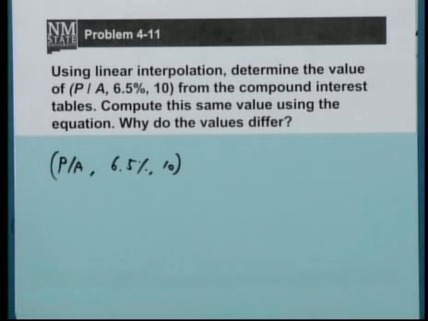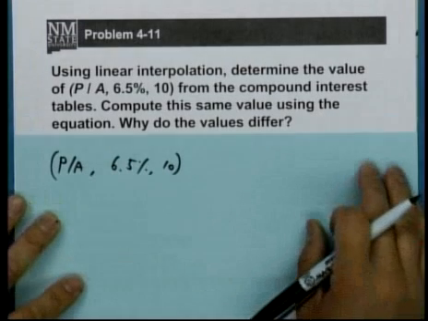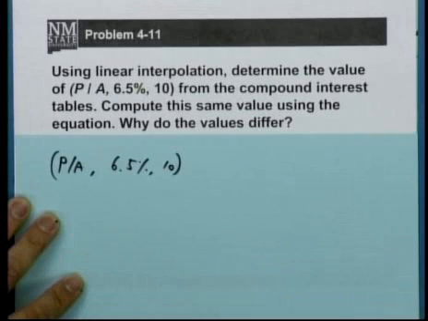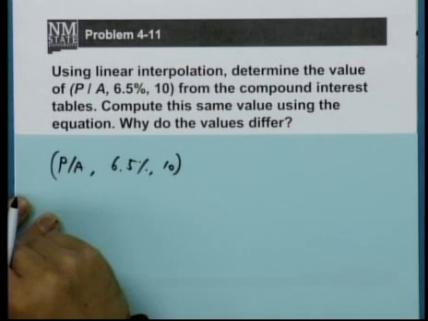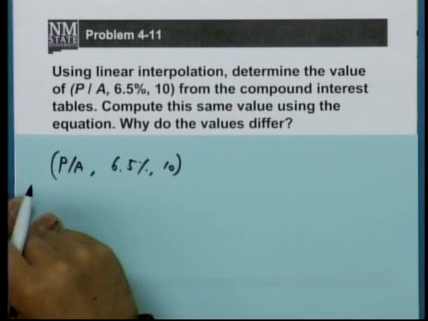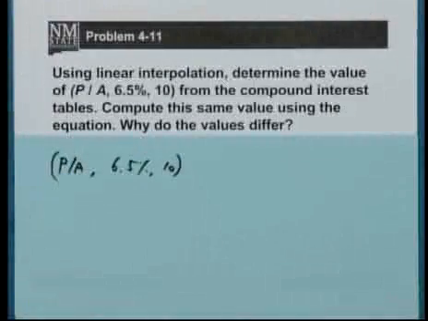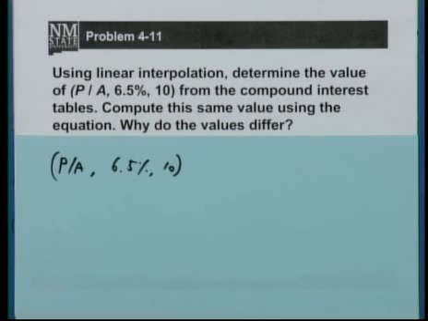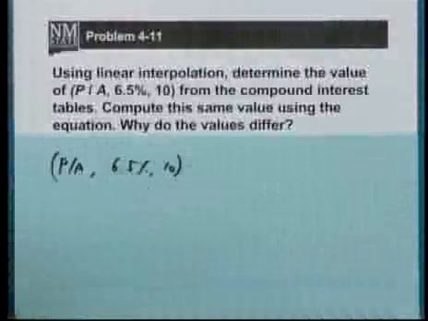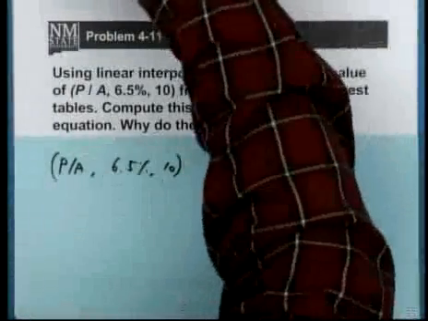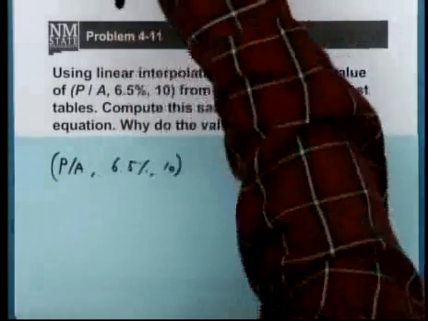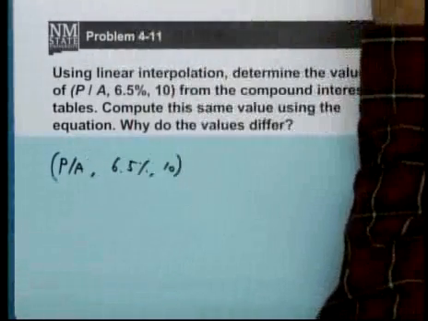So to minimize the errors, we need to find the two closest interest rates from the compound interest tables. So here we have two interest rates, 6% and 7%, which have 7.36 and 7.024 respectively.